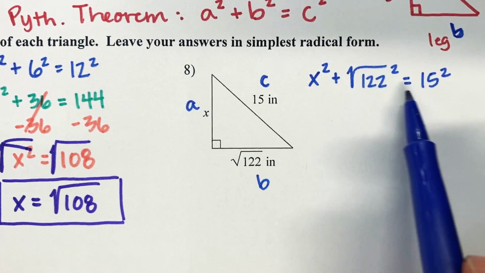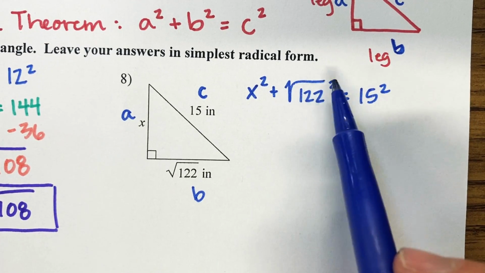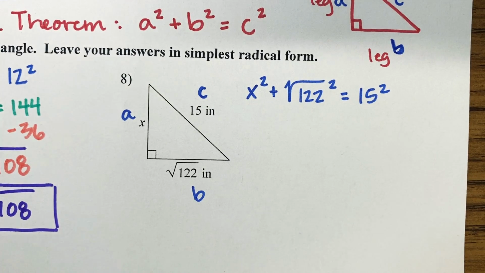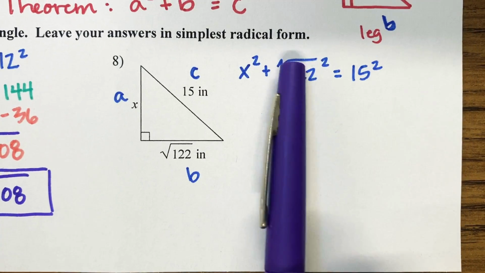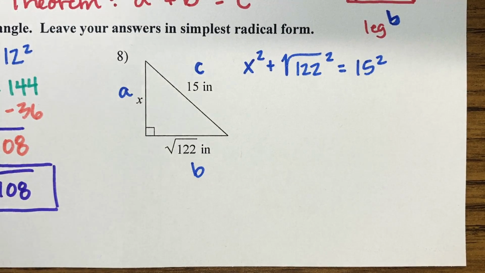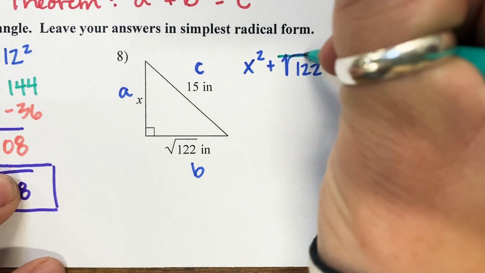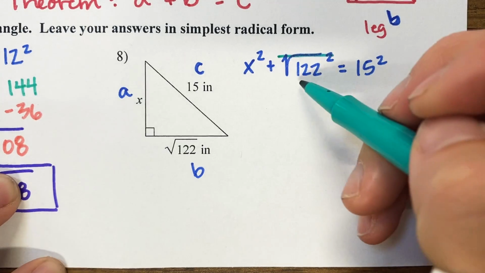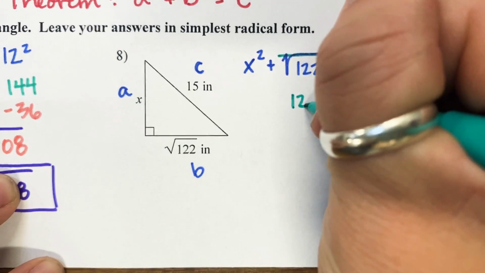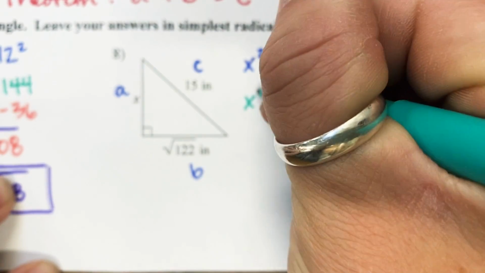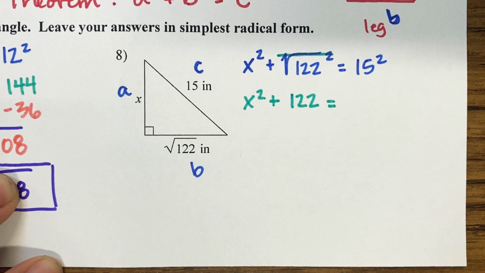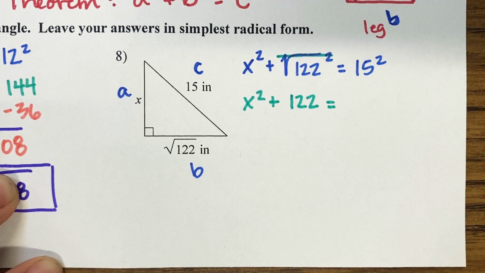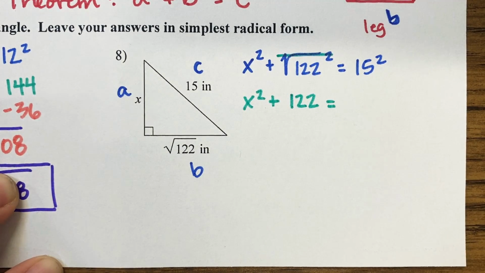Okay, now remember when I said that it's really nice when this radical and this square line up? Okay, well, just like up here, how they can't be together, again, they can't be together right here either. Okay, so whenever you see a radical and a square, they just cancel each other out, and you're just left with what's inside. So we just have 122, so X squared plus 122 equals 15 squared, or 15 times 15, is 225.